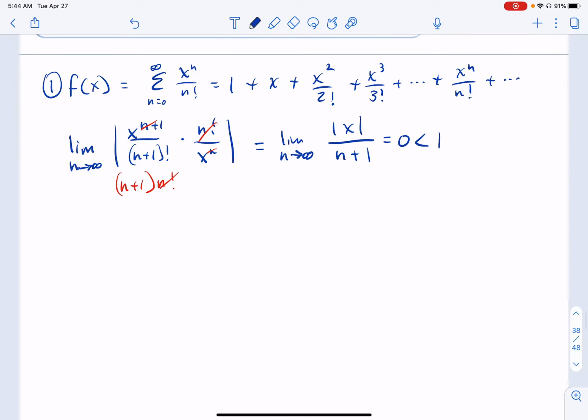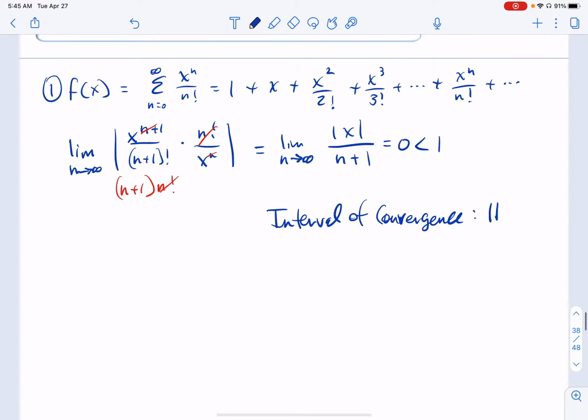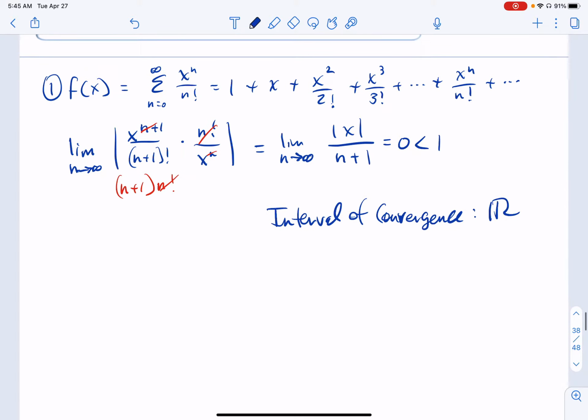It doesn't matter what you plug in for x, which means that our interval of convergence is all real numbers, and its radius of convergence, of course, is infinity. That's interesting. We're done with that one.